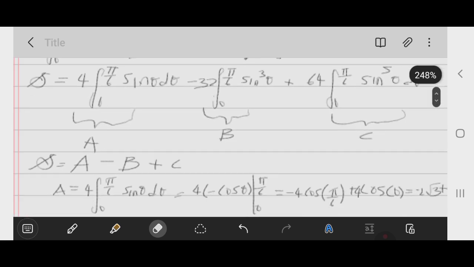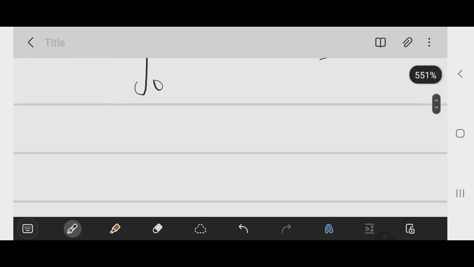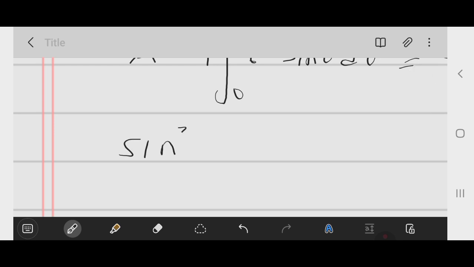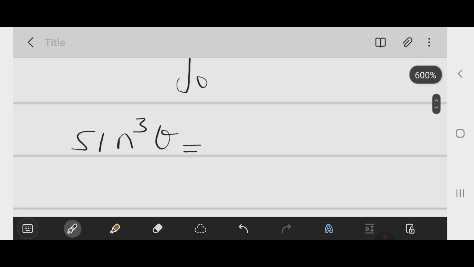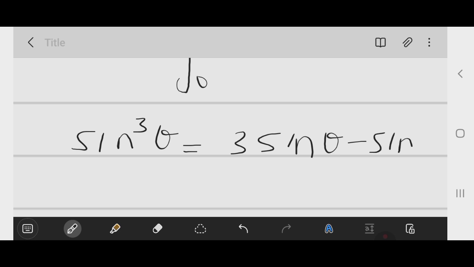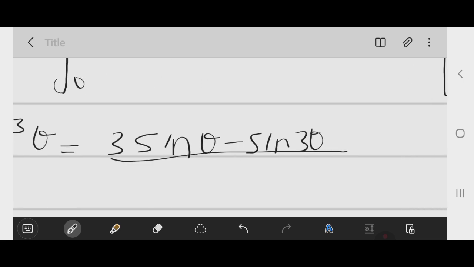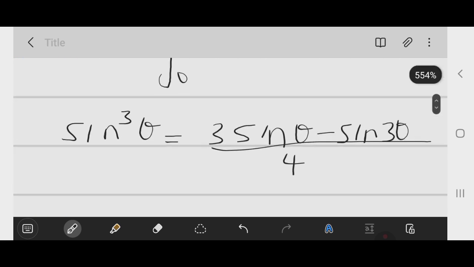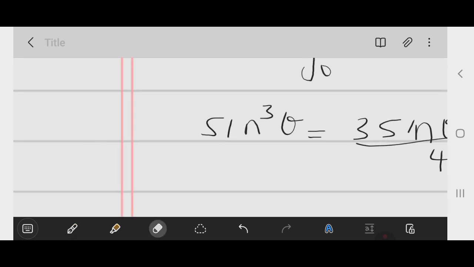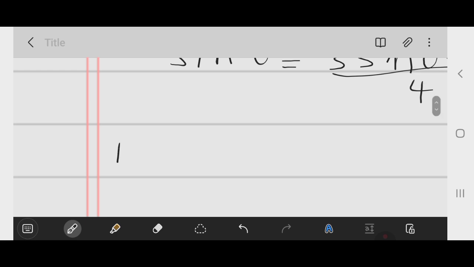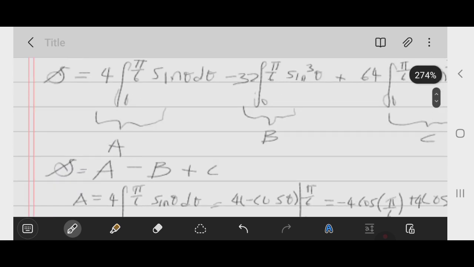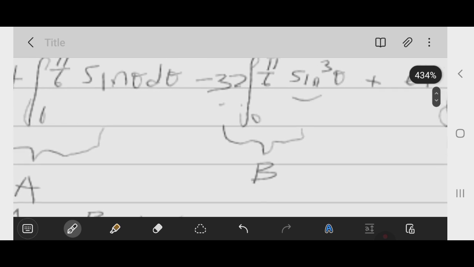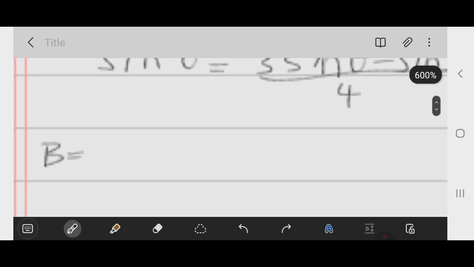Integral B. Now note that here there's a sine cube theta, so in its expansion we have that sine cube theta is equivalent to this expression. Now with this power reduction technique, we're going to transform this integral, having sine cube theta, using this expression here.